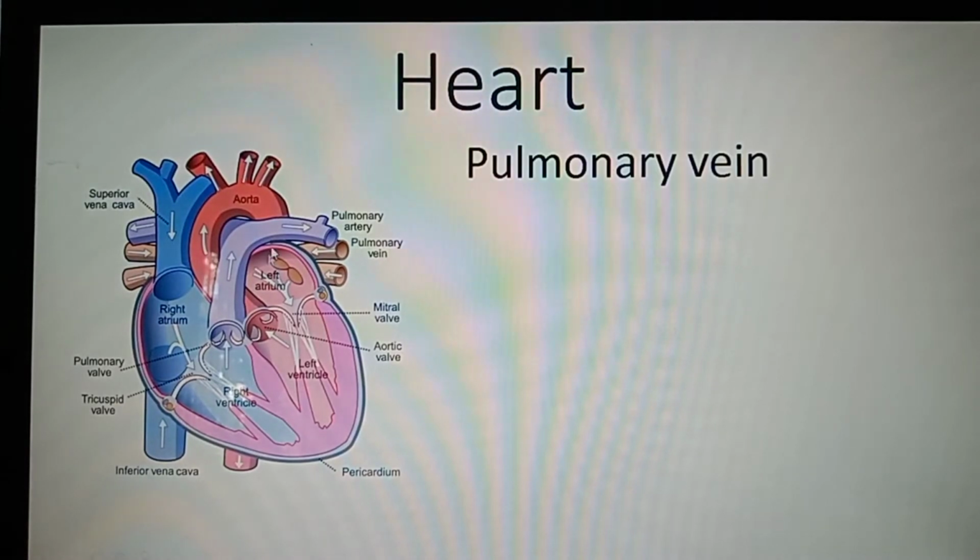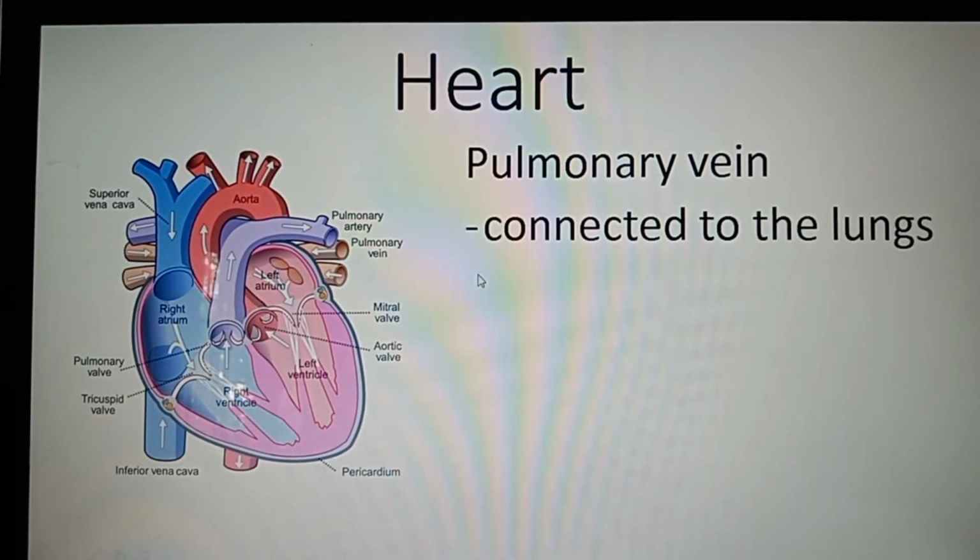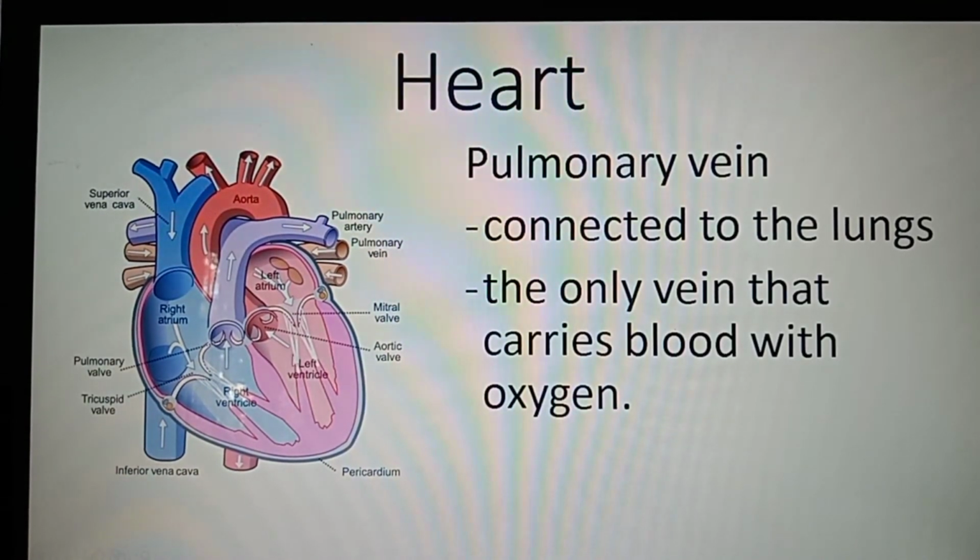How about the pulmonary vein? This is the pulmonary vein, children. Look at the arrow. Back to the heart. Right? Vein, back to the heart. And from the word pulmonary, it is again connected to the lungs. And as I mentioned earlier, a vein carries blood with carbon dioxide.